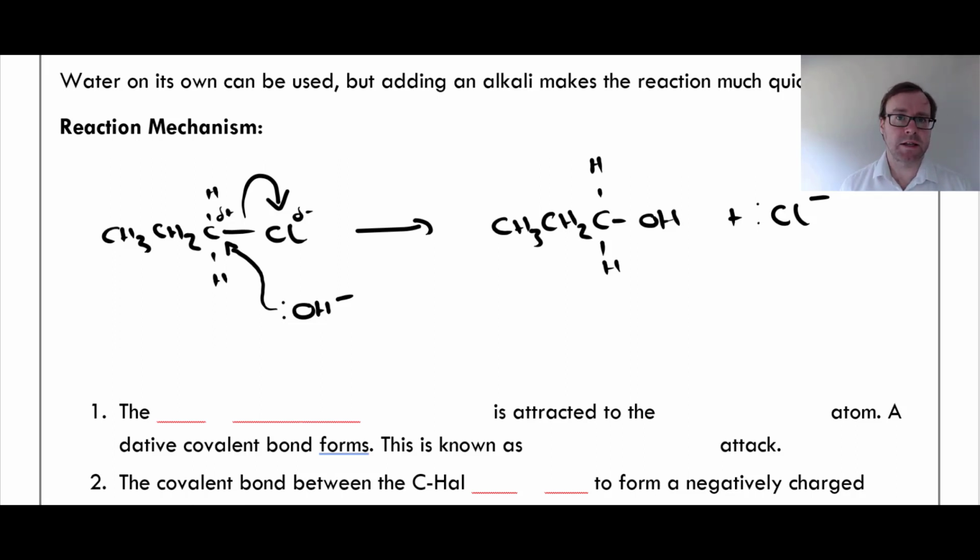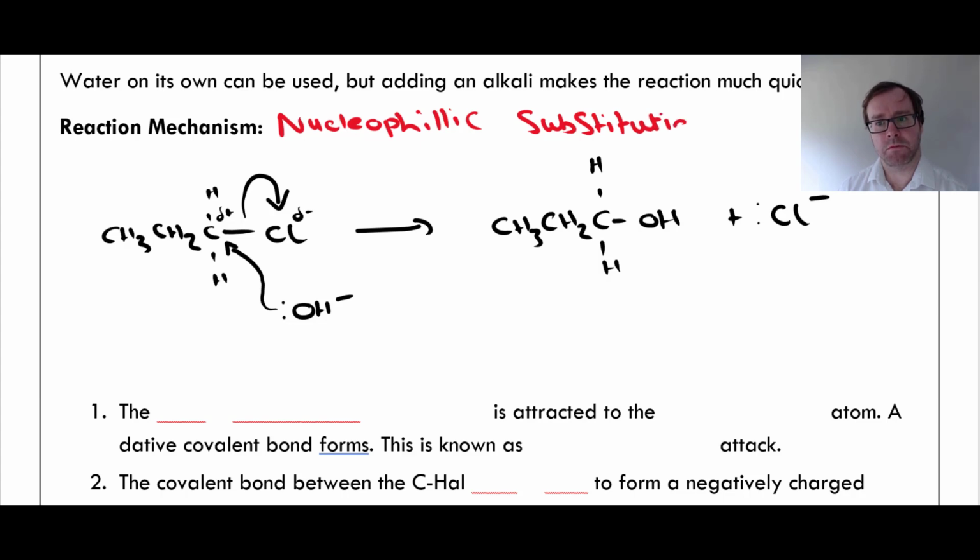So there's two different mechanisms that are involved in haloalkanes. I'm only going to do this one. Okay, so what do we call this? Well, this is a nucleophile, so we call this nucleophilic, and if you look, what's happened? We have substituted in the hydroxide and removed the chloride ion. So we call this nucleophilic substitution.